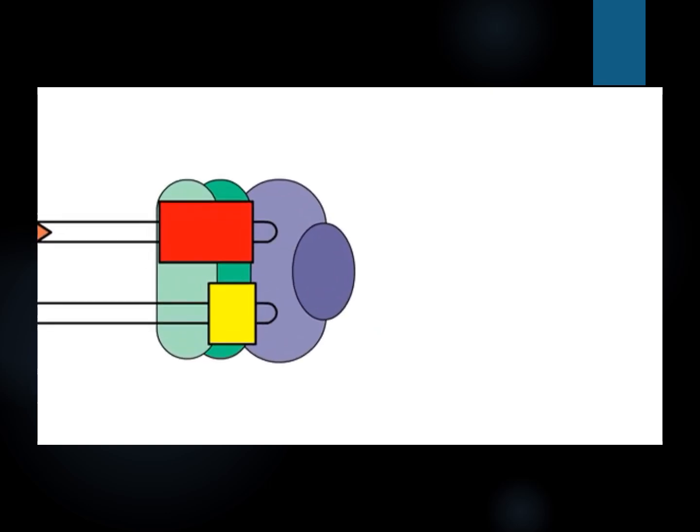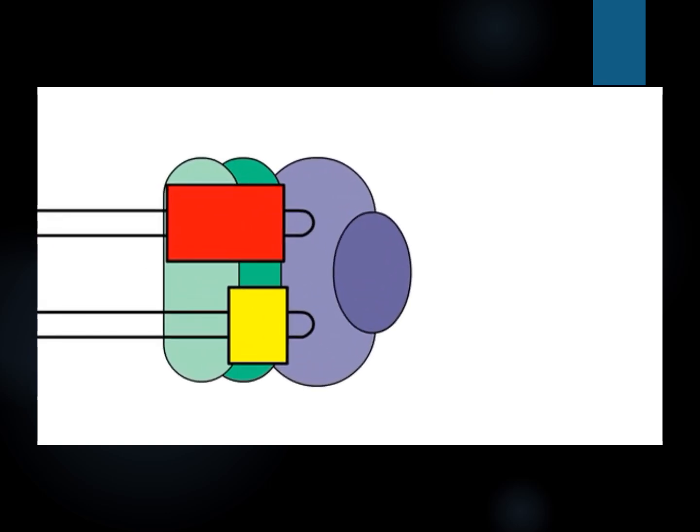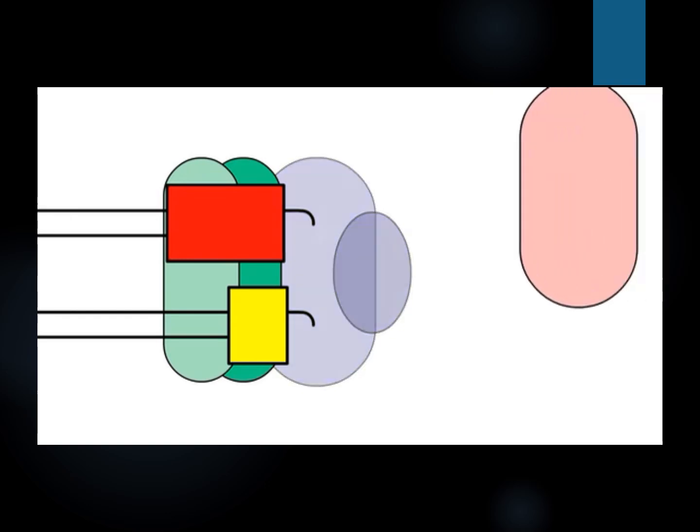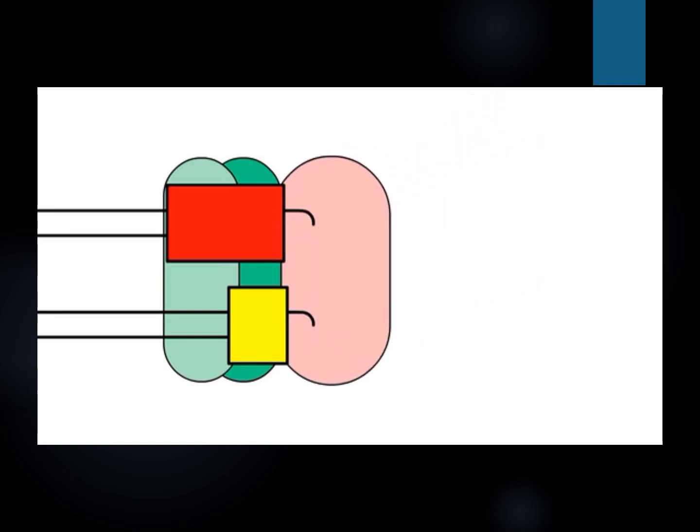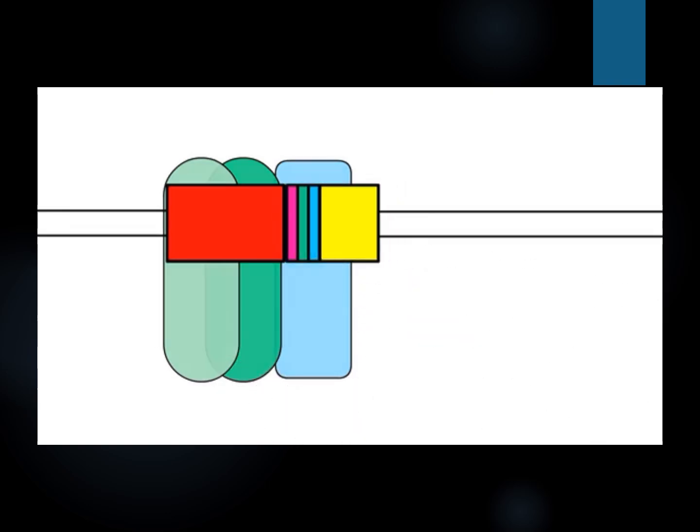The DNA hairpins at the ends of the gene segments are then cleaved. An additional enzyme, terminal deoxynucleotidyl transferase, or TdT, is recruited and adds additional nucleotides to the ends of the DNA strands. The other enzymes in the complex ligate together the 2 ends of the gene segments, completing the recombination process.